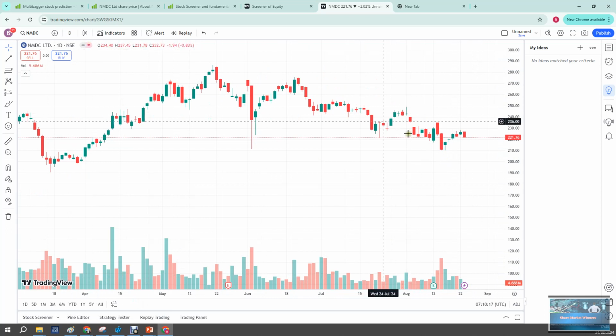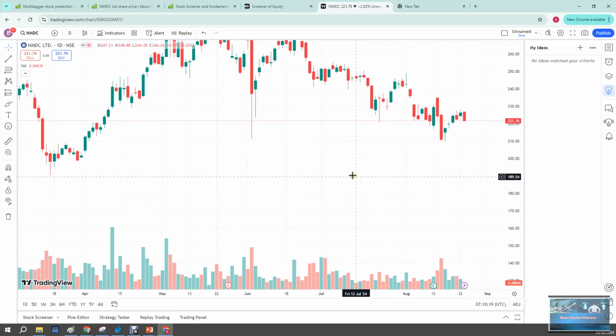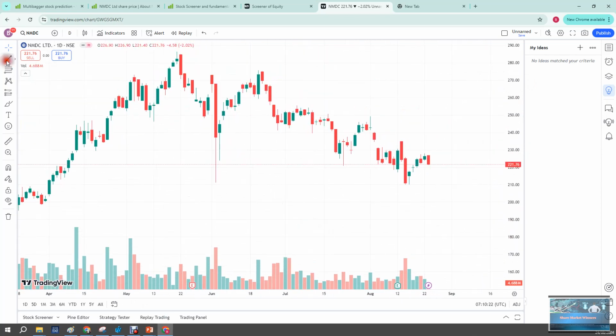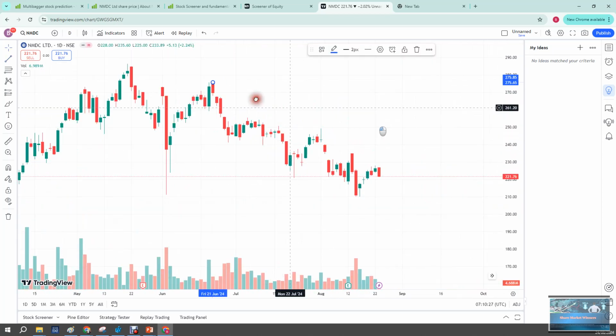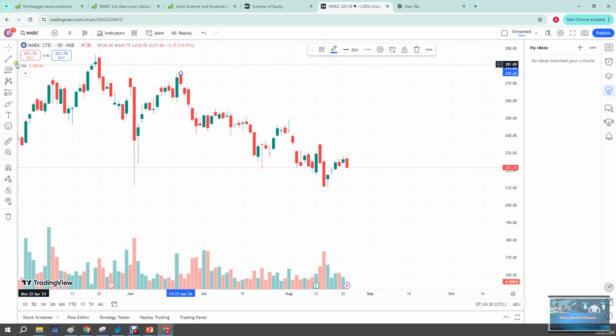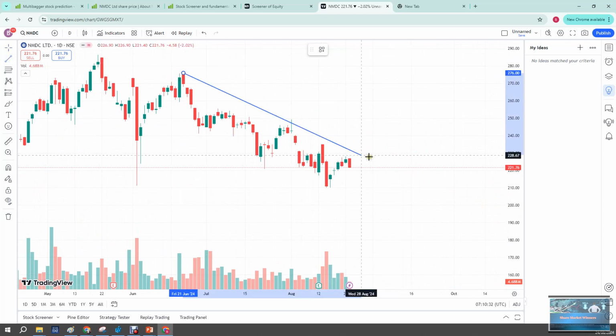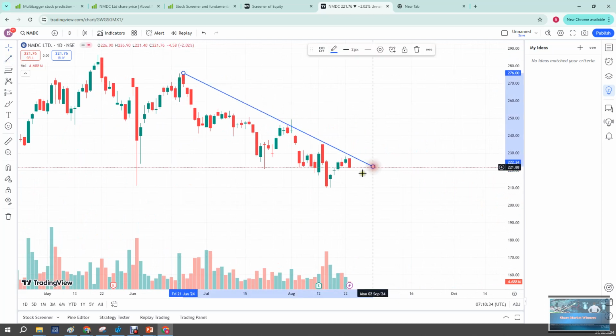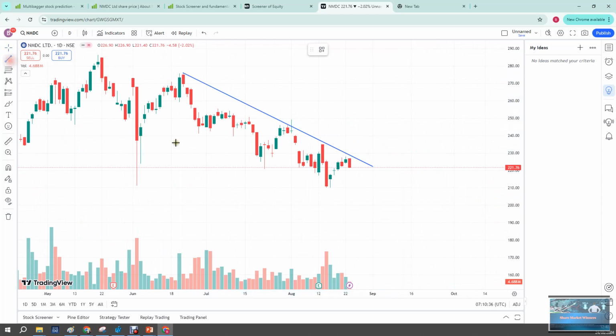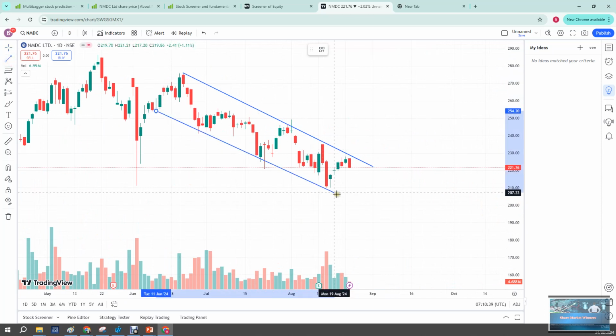And another thing is you need to find out the pattern it is in. For this pattern, you simply draw the trend lines to see whether it has given a breakout or it's still in the declining state. So in this case, it is in a falling wedge state.